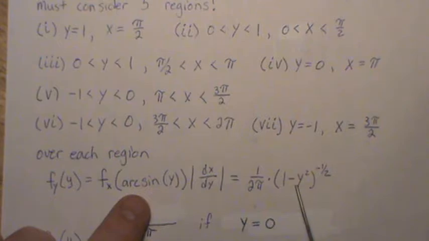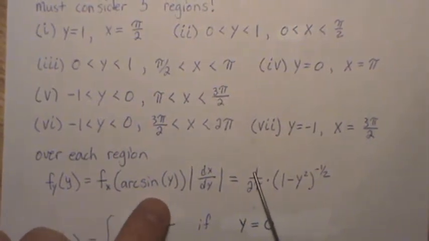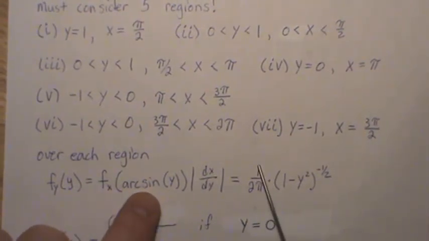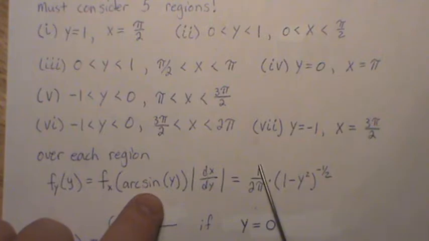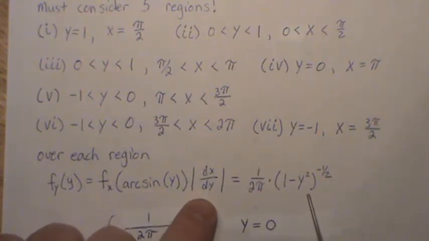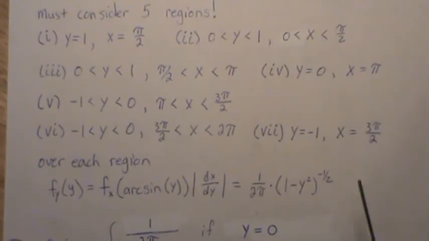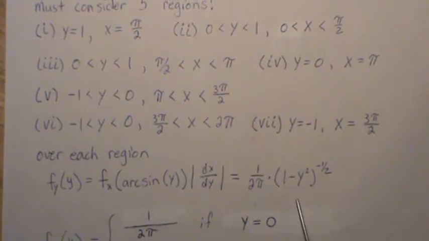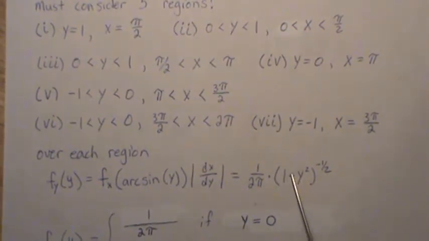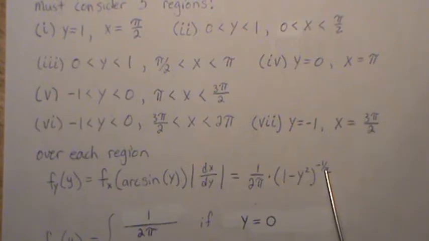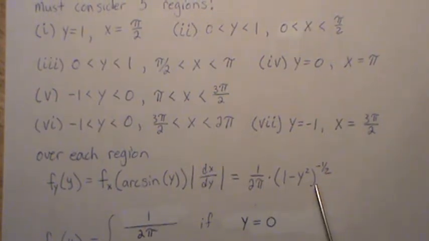Which is this. So this is the density plugged in the arc sine, but there's no variable, so you just get this back. And then this piece is the Jacobian. Now, look at this. If we plug in -1 to this function, this is 0, and 0 raised to the -1/2 is undefined.